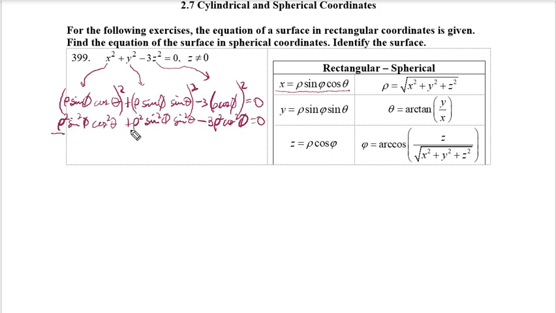On all of these, we can factor out the rho squared. On these two, rather, we can factor out the sine squared phi, which would leave the cosine squared theta plus the sine squared theta.